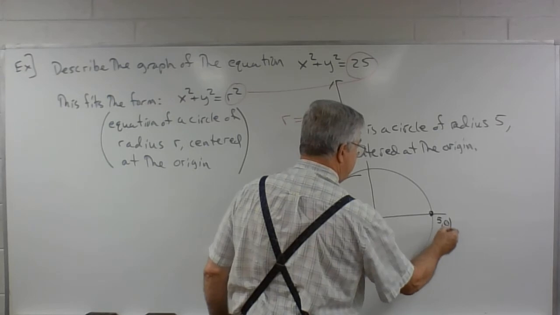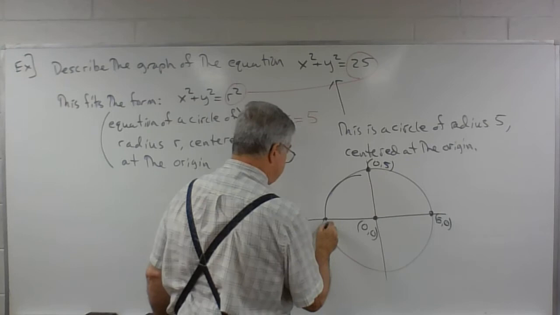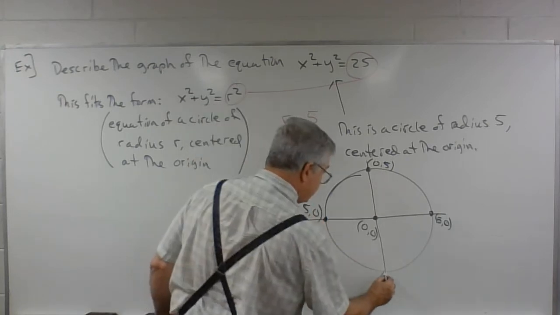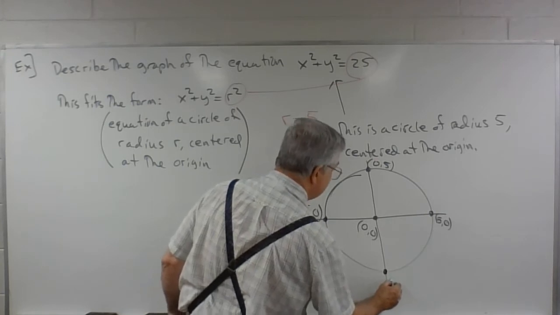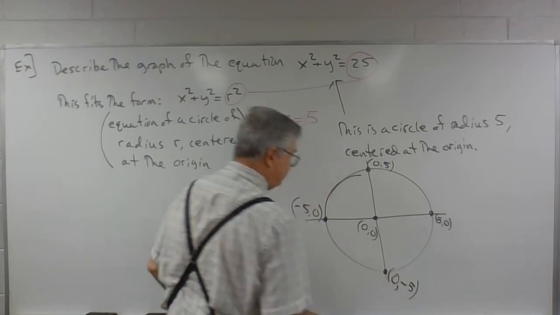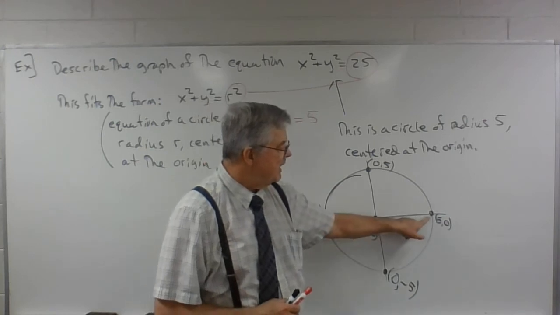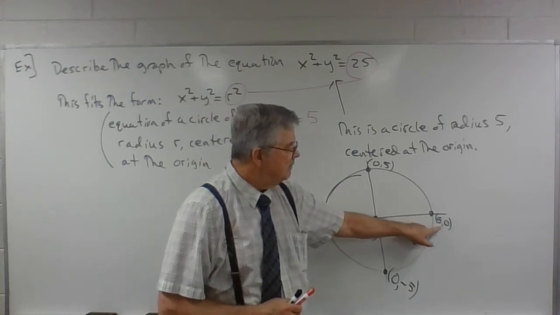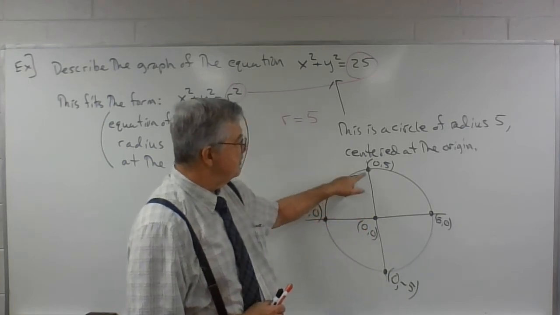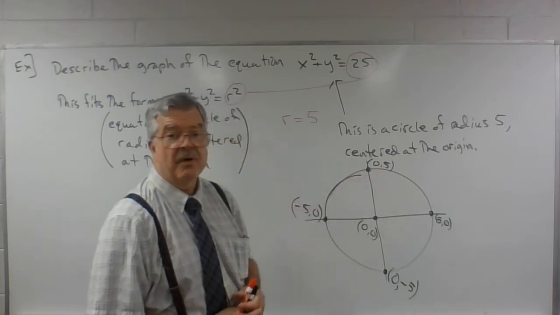It's got radius 5. So these are some of the key points on the circumference of the circle. If I start at the origin and go 5 units in the x direction, I get to the point (5, 0). If I start at the origin and go 5 units in the positive y direction, I get to the point (0, 5), and so forth and so on.